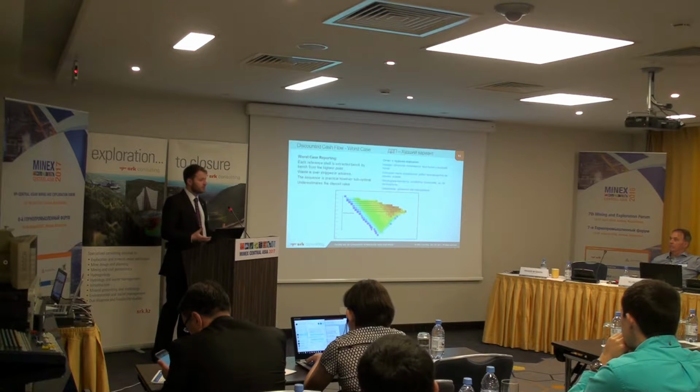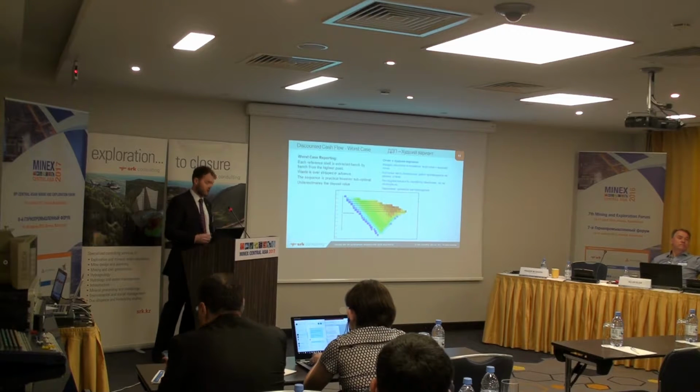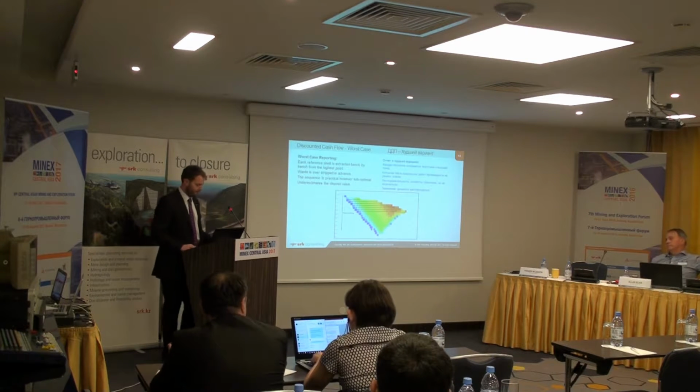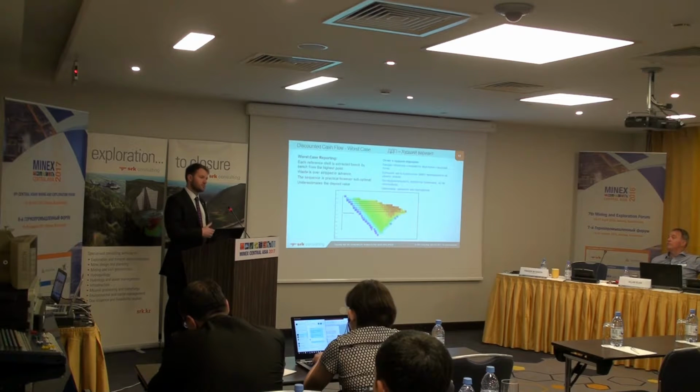And that's a very useful guide for looking at the results of the optimization to make decisions on which shell will actually provide us the highest value. A way that we look at this is we normally take the average, 50% of the way between the best and the worst case cash flows.